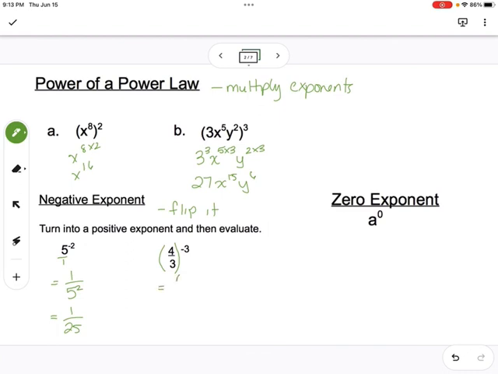Okay, looking at the second one there, the first thing we can do is flip that fraction, make the exponent positive, and then that exponent 3 is going to go to both parts of the fraction. So 3 to the exponent 3 and 4 to the exponent 3, which will give us 27 over 64.